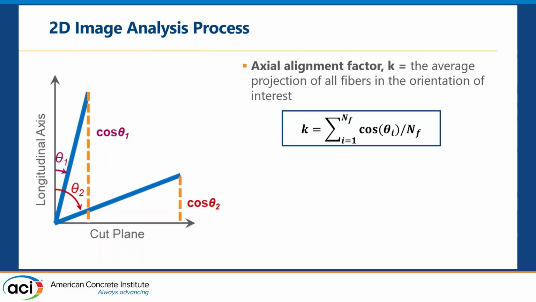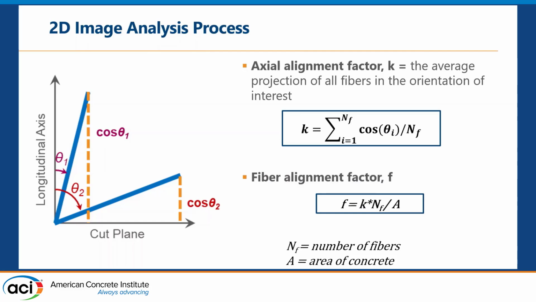So we make a cut through the sample. We identify, say, 100 fibers. We can calculate the cosine theta for each fiber, and then we take the average of all the fibers. That basically represents the average contribution of the fibers to the reference orientation, which we call the factor K here.